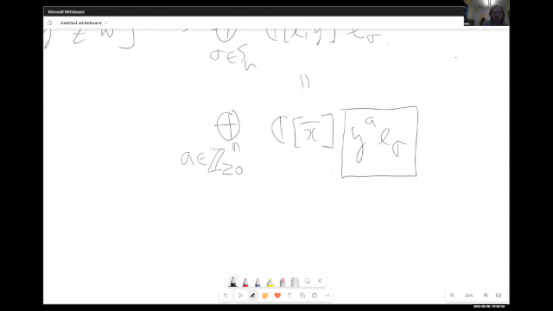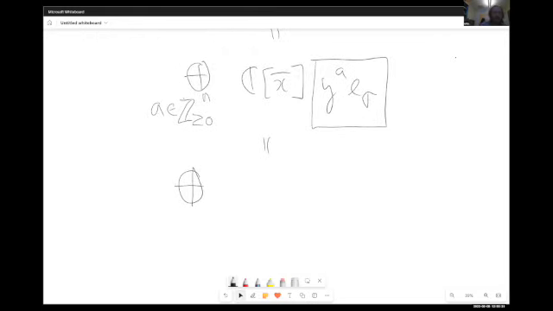And so another way to say this is that this is a direct sum over the semi-direct product of Zn greater than or equal to 0 with the symmetric group Sn.